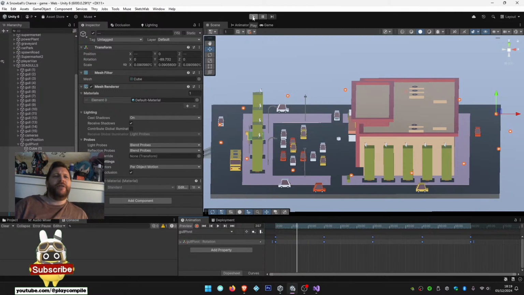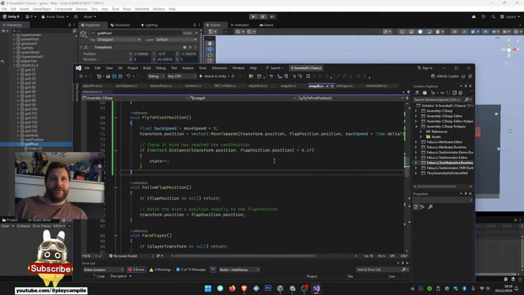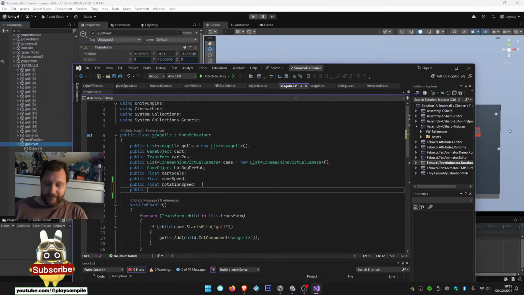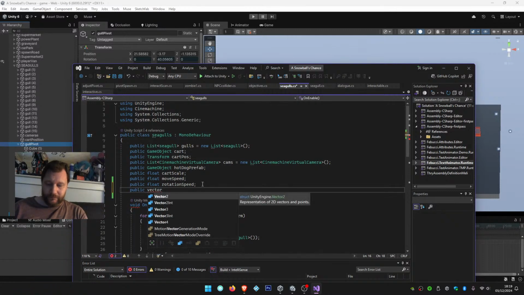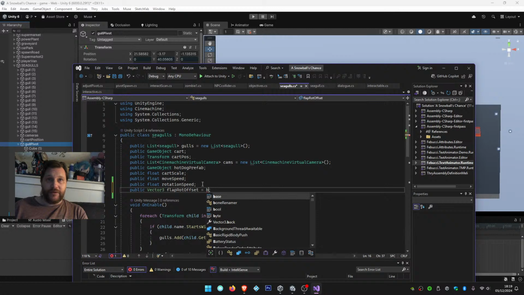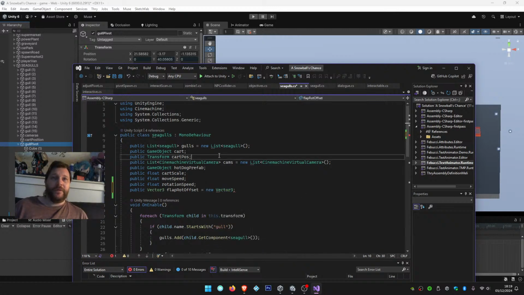We also need the rotation offset on them. Okay, so what we can do is on the Seagulls script, we can do a public Vector3, flap rotation offset equals a new Vector3.